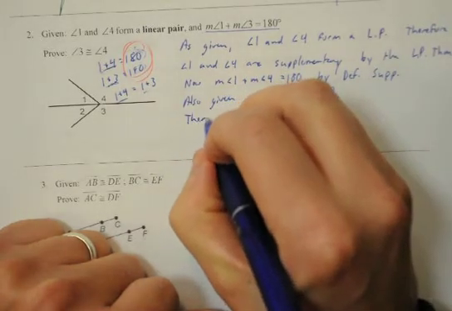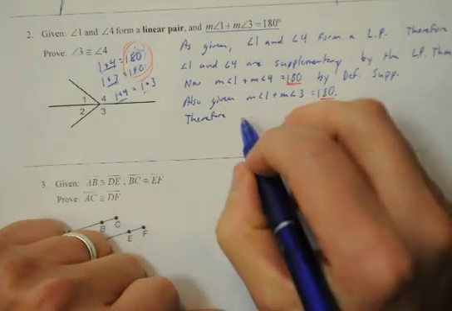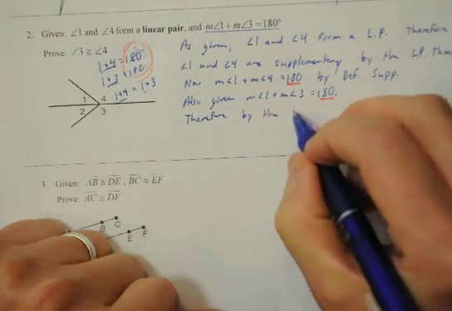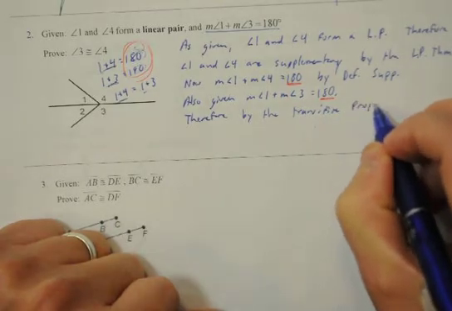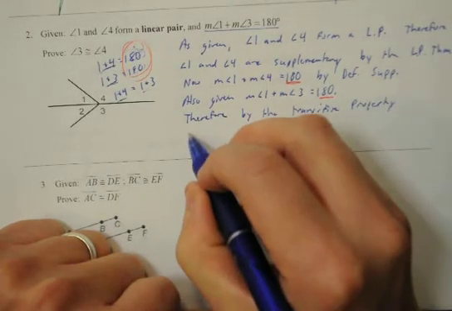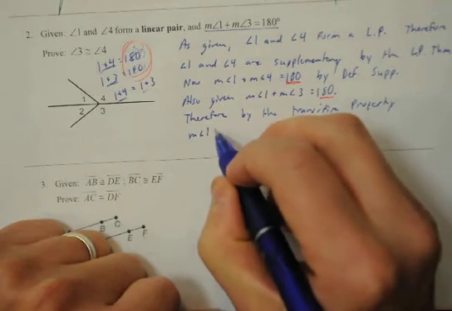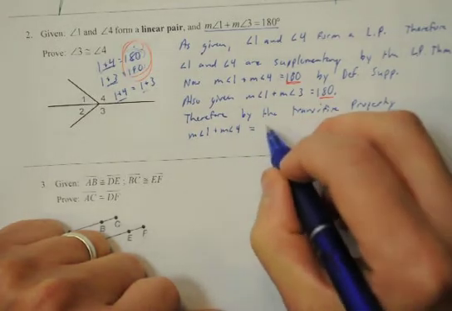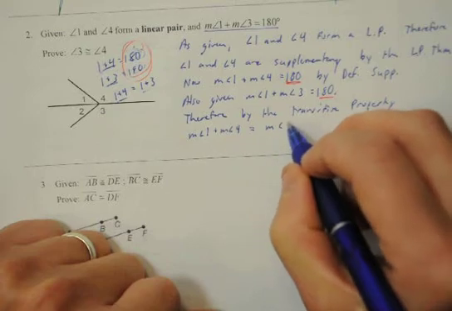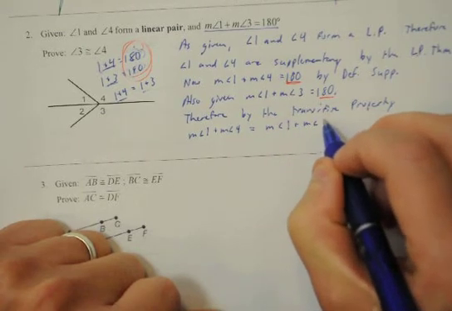So therefore, by the transitive property, the measure of angle 1 plus the measure of angle 4 is equal to the measure of angle 1 plus the measure of angle 3.